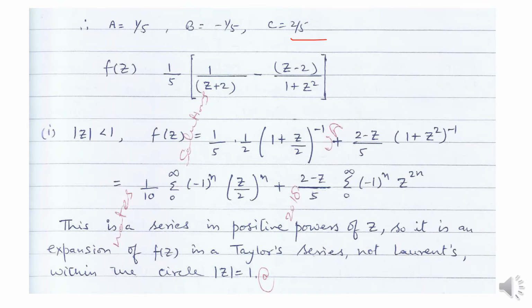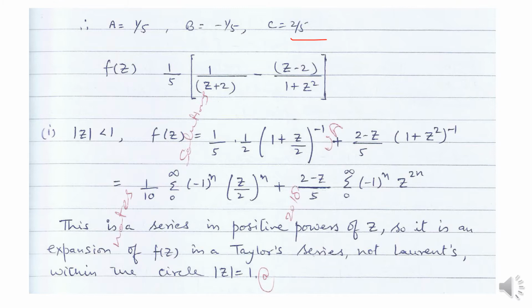For obtaining these we have taken LCM of right hand side and we took the terms, that is coefficient of z square, coefficient of z, and constant in the numerator, and we compared these coefficients with the terms of numerator on left hand side, and after comparing we get the equations: coefficient of z square as a plus b is equal to 0, coefficient of z as 2b plus c is equal to 0, and constant term as a plus 2c is equal to 1.